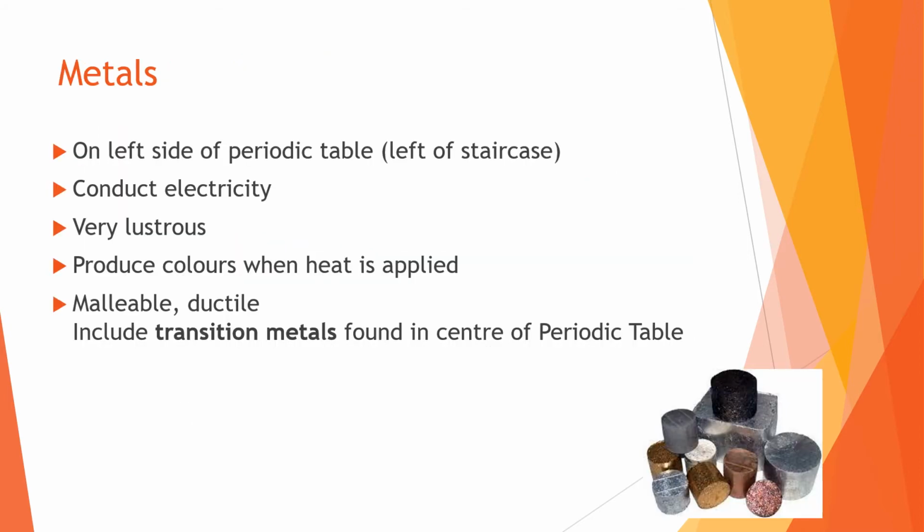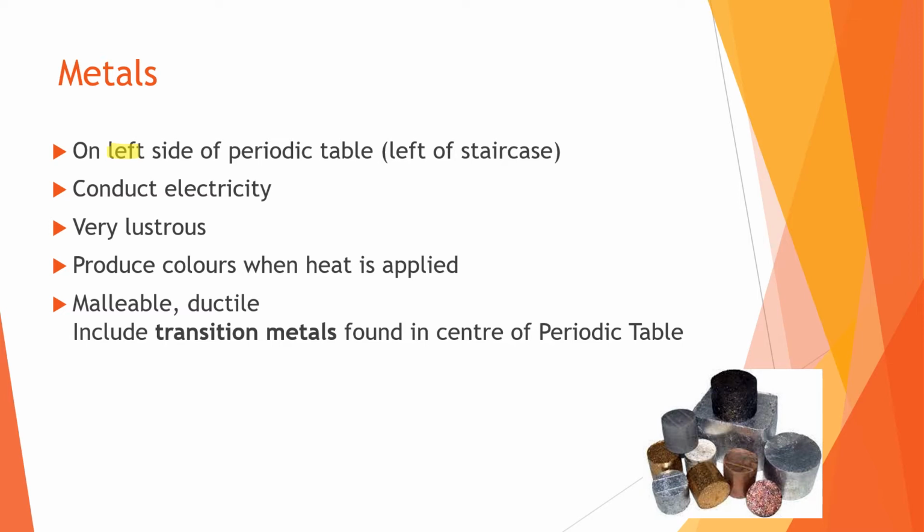Okay, so let's first look at metals. They are located on the left side of the periodic table. Okay, so they are left of the staircase, and I will show you this on a diagram shortly. Metals are good conductors. They have the ability to conduct electricity. They're very lustrous. So when we learned about luster, we learned that that means that they have the ability to reflect light.